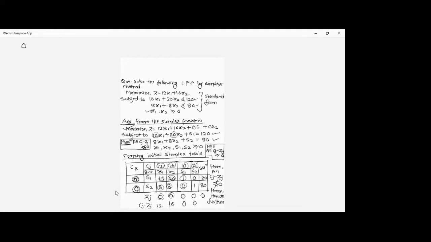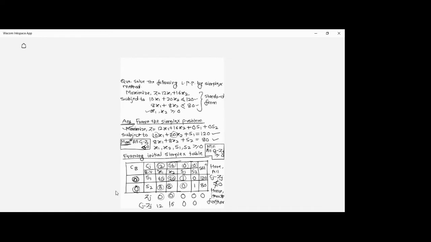It means that the basic variables S1 and S2 do not give you the optimal solution, so we'll have to go for a different solution. We'll have to replace S1 or S2 with the variables X1 and X2.